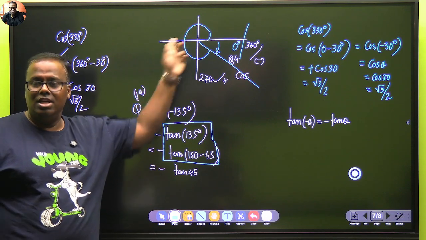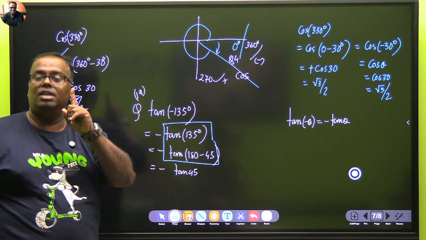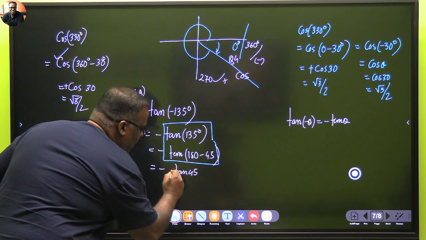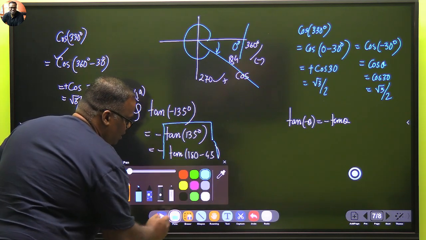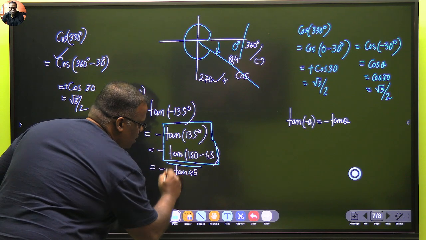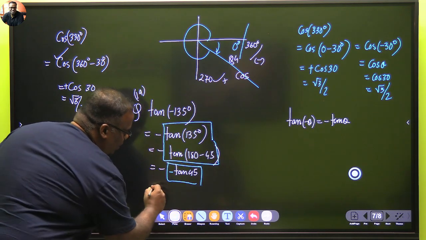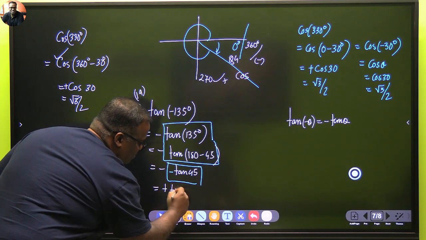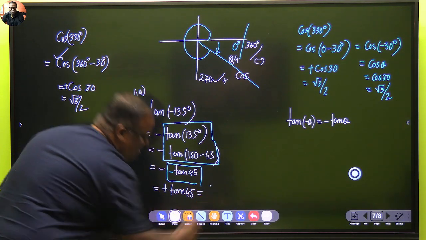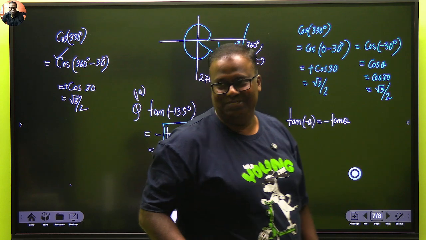Second quadrant. In second quadrant, tan is negative, so I put my negative, and this closes the box, and there is one inbuilt negative outside, so the thing becomes plus tan 45, which is equal to 1. Otherwise my answer would have become negative 1.